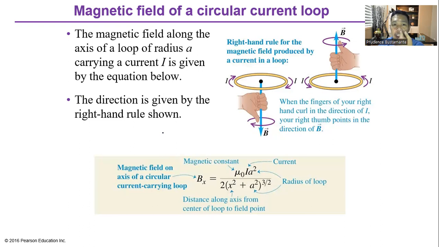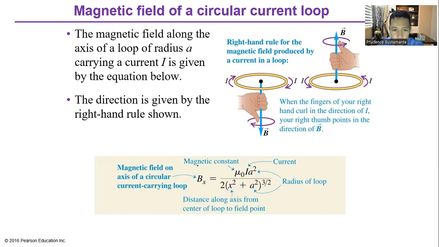So the magnetic field along the axis of a loop of radius a, carrying current I, is given by the equation below. The direction is given by the right hand rule. When the fingers of your right hand curl in the direction of I, your thumb points in the direction of the magnetic field.